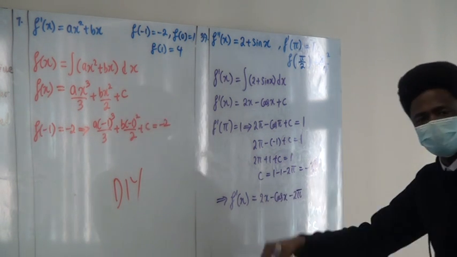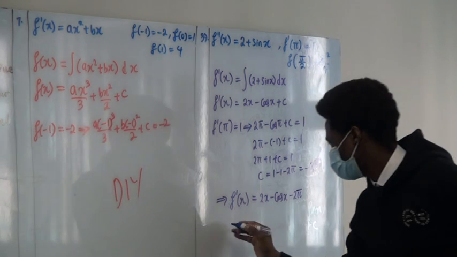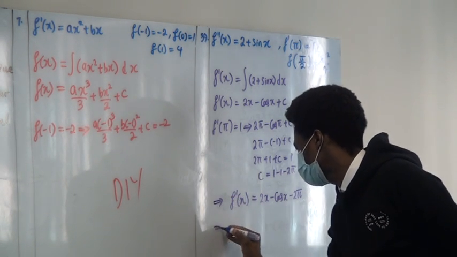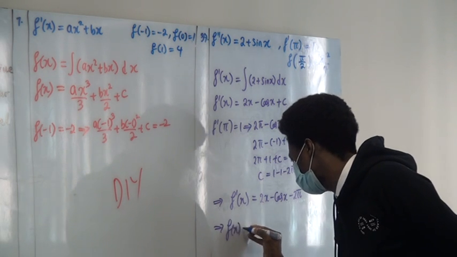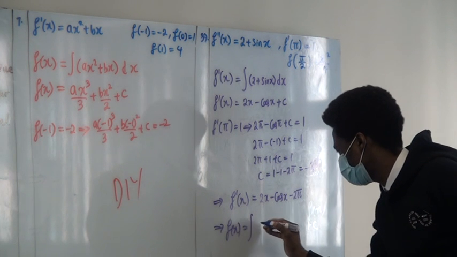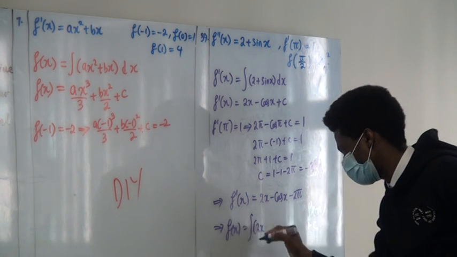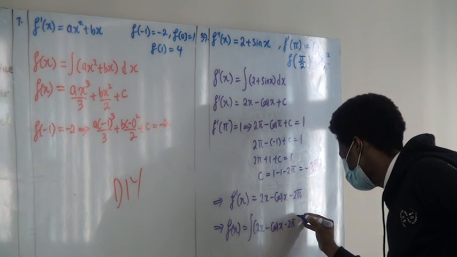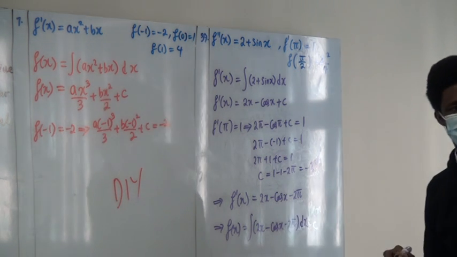Good. Then you proceed again. As a result, you say, yes, this implies this. Which implies that my function itself will be the integral of 2x minus cos x minus 2 pi dx. Please always write this integral stuff, okay?